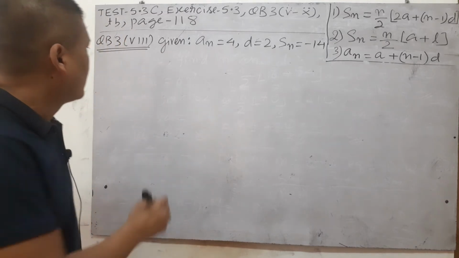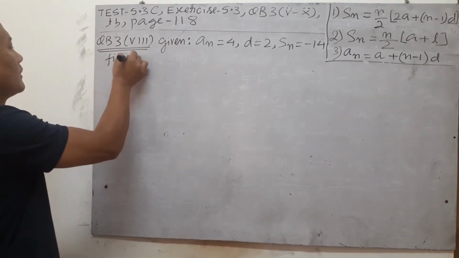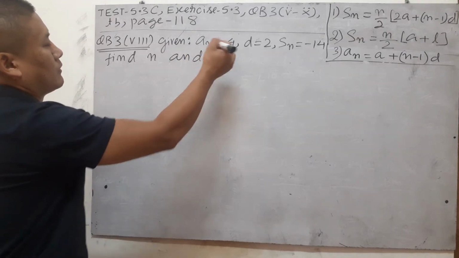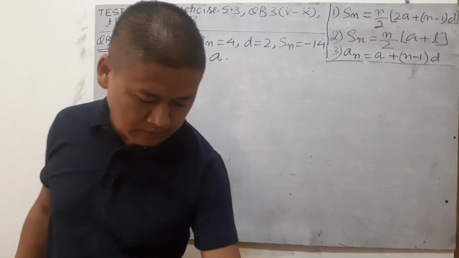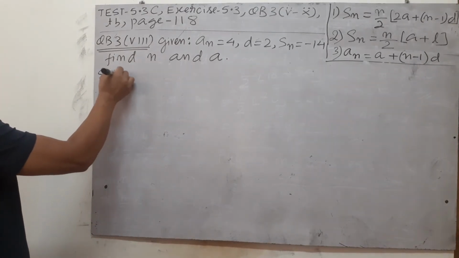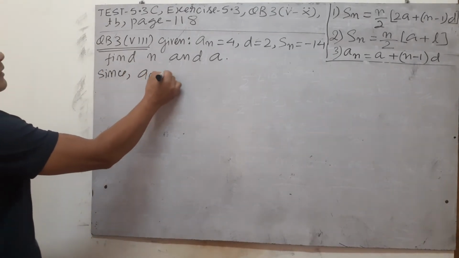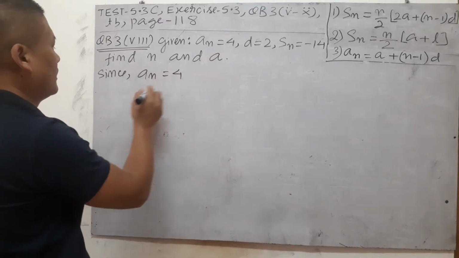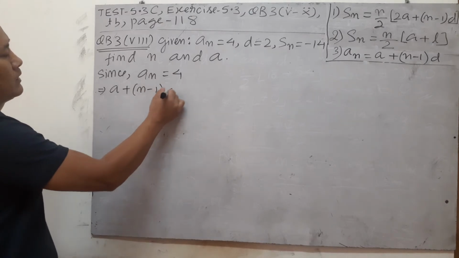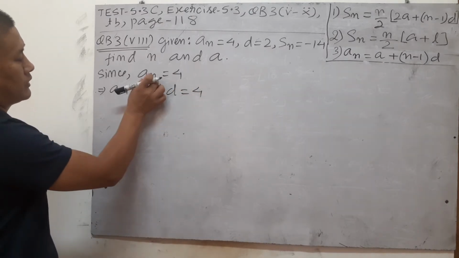Yes. Then we have to find n, the value of n, and the first term a. So let's write down with the given one, since an equal to 4 is given here. That gives a plus n minus 1 into d equal to 4, using the an formula.